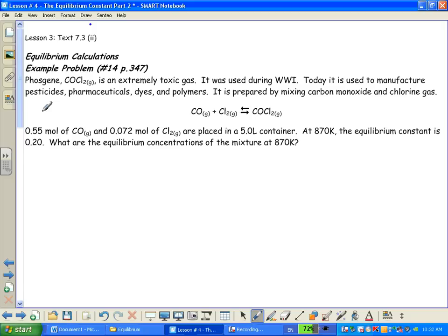So remember, temperature is not changing here, letting us know that K will stay constant throughout this equation. So kind of like we did in the previous part of this unit, I'm going to set up what is given in my equation. So I'm going to rewrite the equation.